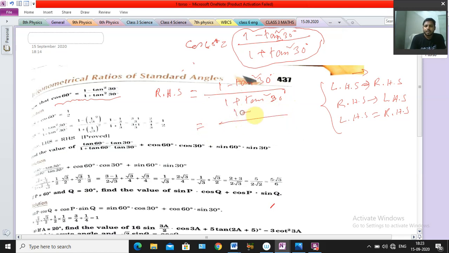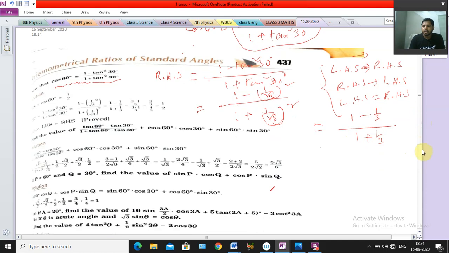So 1 minus tan 30 degree value, what, sir? 1 by root 3 whole square. Okay, 1 plus tan square 30 degree means 1 by root 3 whole square. Understood? Clear? Now we have to calculate it. 1 minus 1 by root 3 whole square means 1 by 3, by 1 plus 1 by 3.